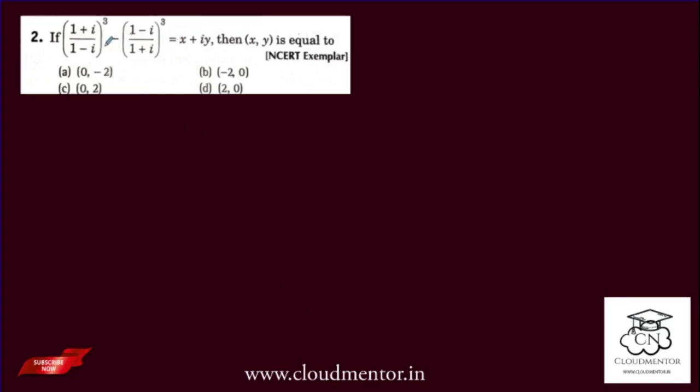First of all, we need to simplify the 1 plus i by 1 minus i by taking the conjugate.